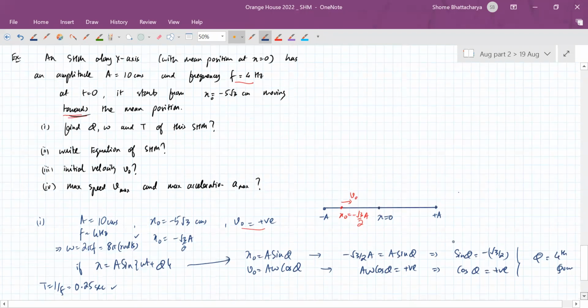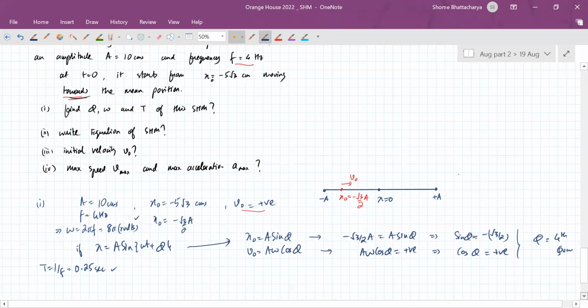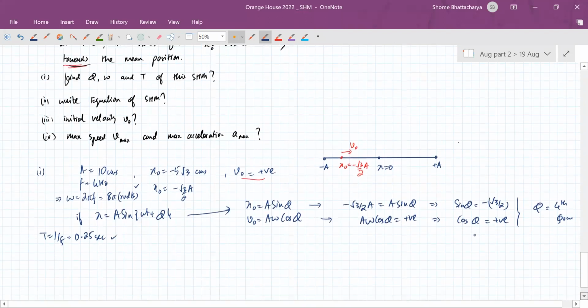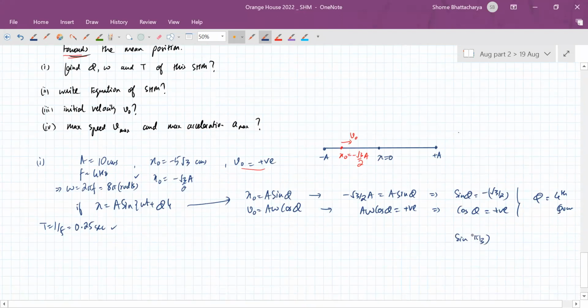So we know that sine pi/3 is √3/2. So sine of minus pi/3 will be minus √3/2, and cos of minus pi/3 is plus half.